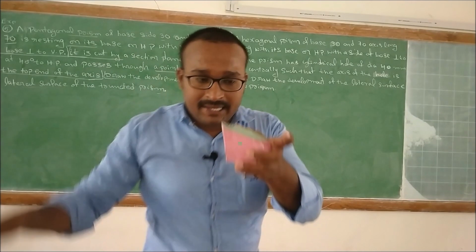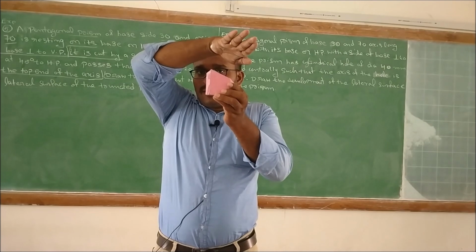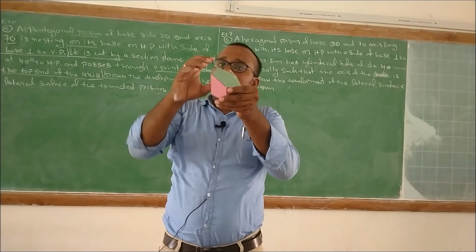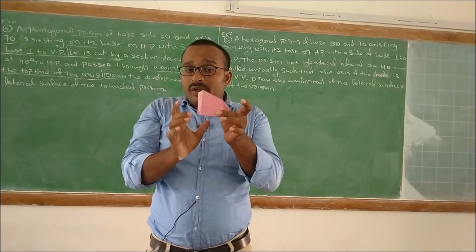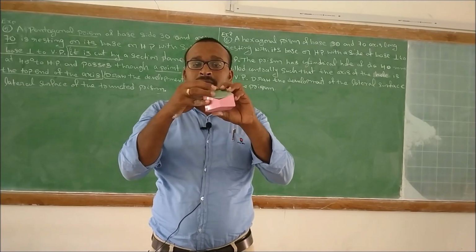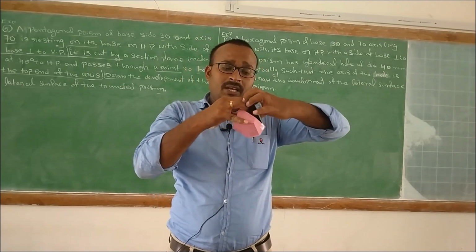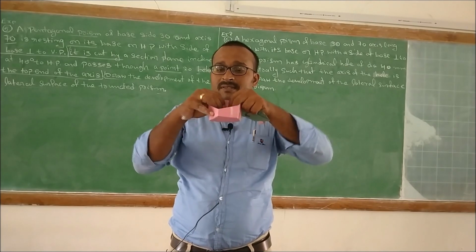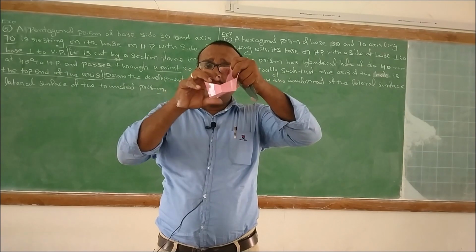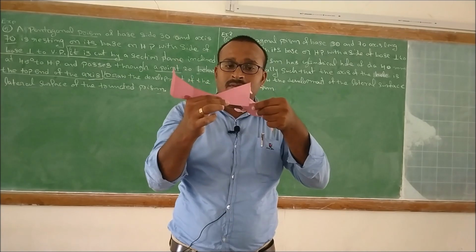So here it is the cut portion. Here the true shape of the sectional view will be here, parallel to that, and then we will get the true shape like this. Then we are going to develop this particular truncated portion by tearing out the prism at one end, right?